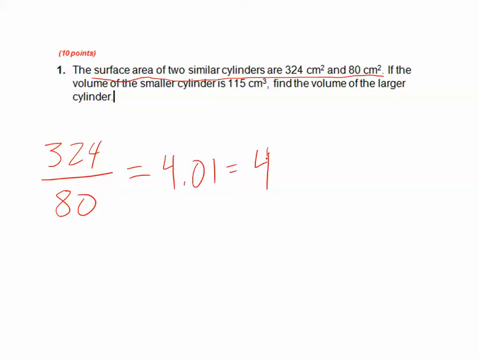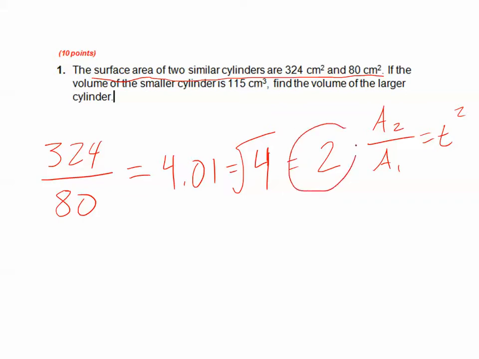So this is the ratio of areas. If you remember what we talked about, for the ratio of areas, the scale factor is squared. So in order to get the scale factor, we take the square root of 4. The scale factor used to dilate these two cylinders is 2.